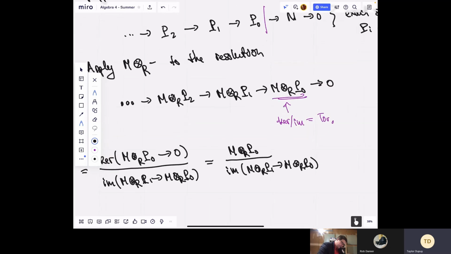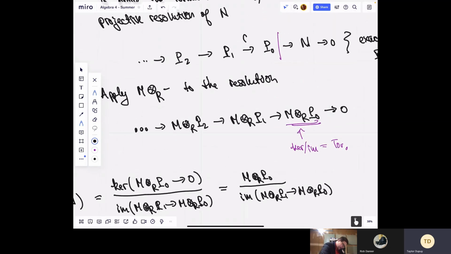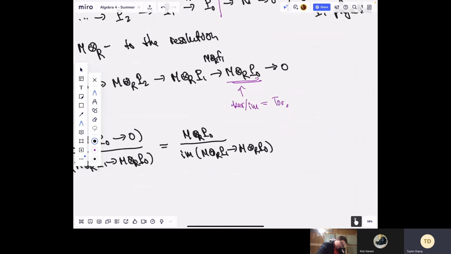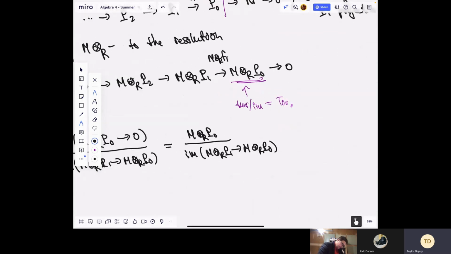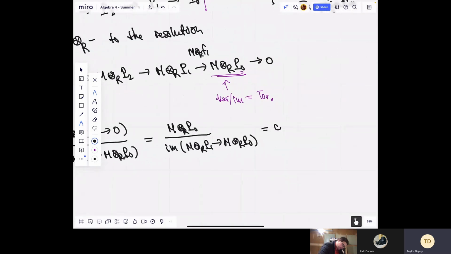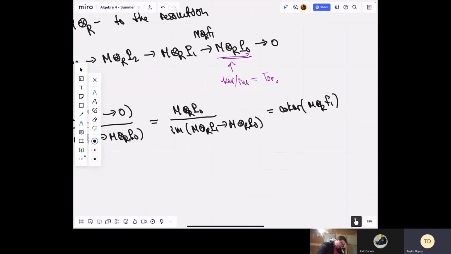Let's give some of these things names. If I call this map F1, then this is M tensor F1. What we're really computing here is the cokernel of M tensor F1.